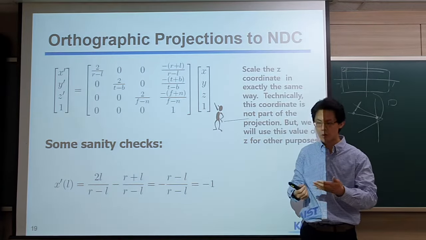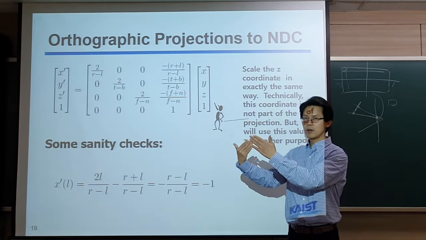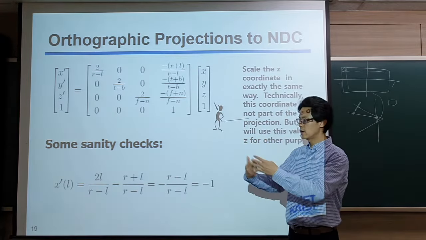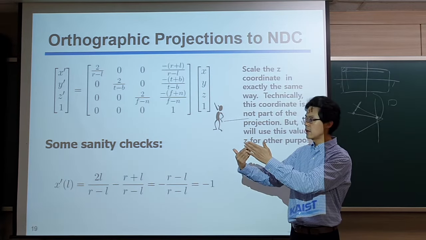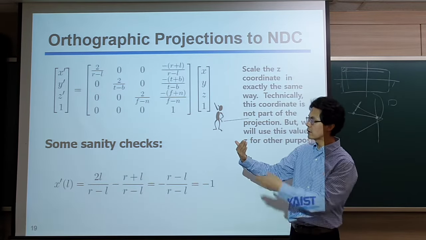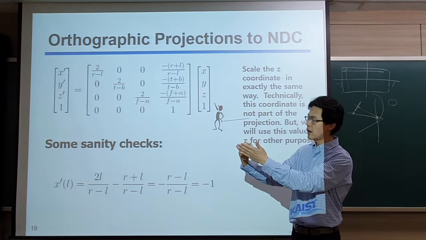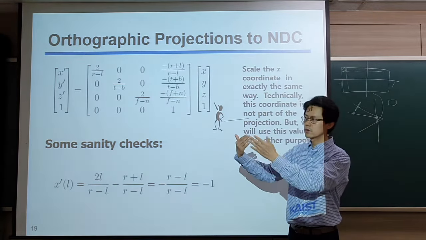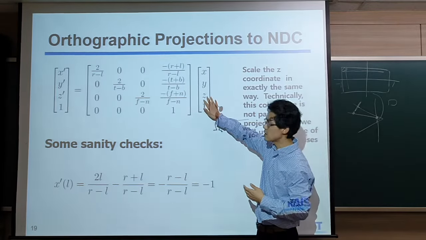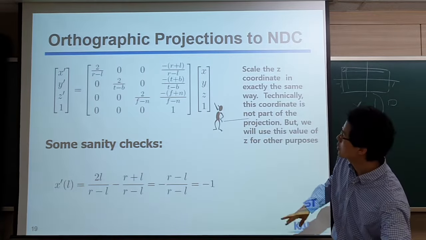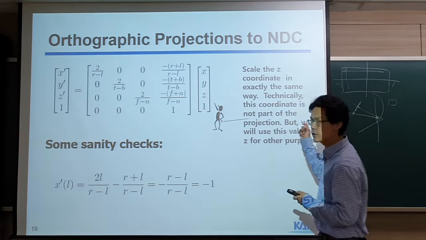For example, suppose that we have two triangles that overlap in your view space. Then we don't need to render one of them, since this triangle blocks the triangle behind it, right? To decide which one is closer to you, we will utilize this Z value. That's why, even under the orthographic projection, we maintain this Z value, which will be used later on.